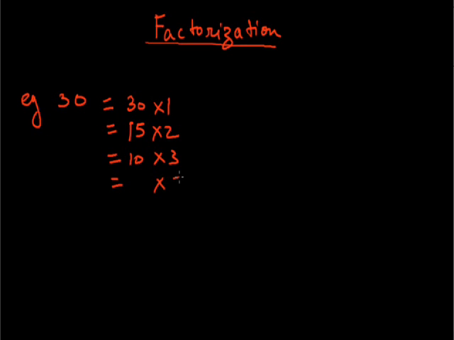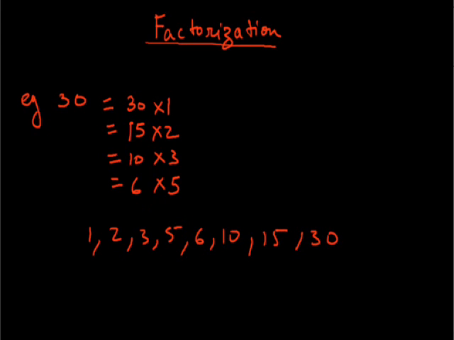Also 5 into 6. And if I further factorize, it will be written as 6 into 5, 10 into 3, 15 into 2 and 30 into 1. Thus we can say the factors of 30 are 1, 2, 3, 5, 6, 10, 15 and 30.